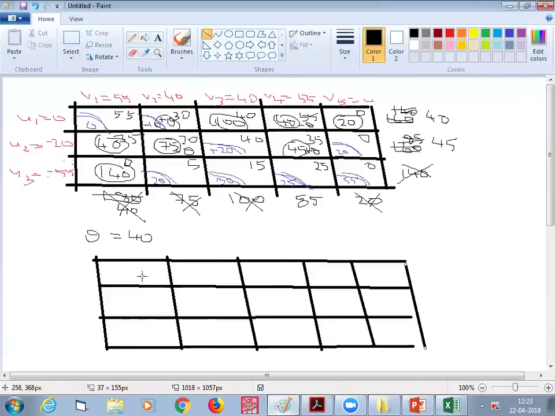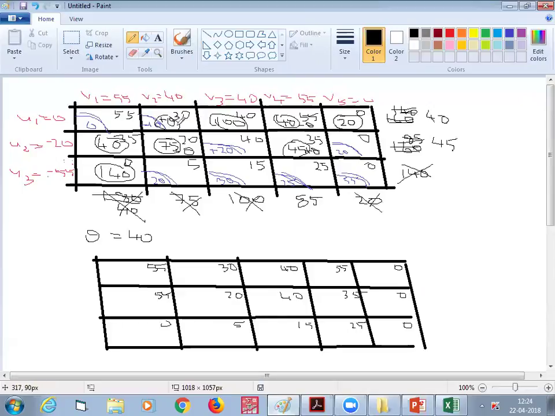All right, so now the numbers. 55, 30, 40, 55, and 0. 55, 20, 40, 20, 40, 35, and 0. And 0, 5, 15, 25, and 0.